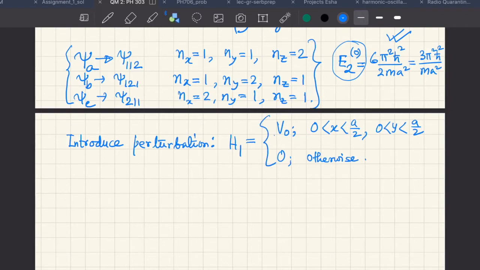Now how does this thing look like? It will look something like this. Then let me join this.